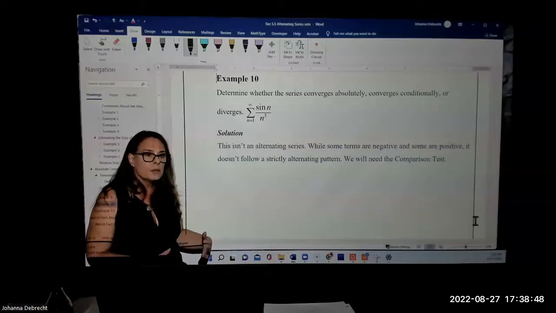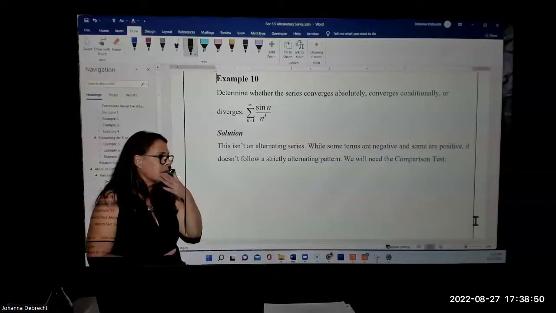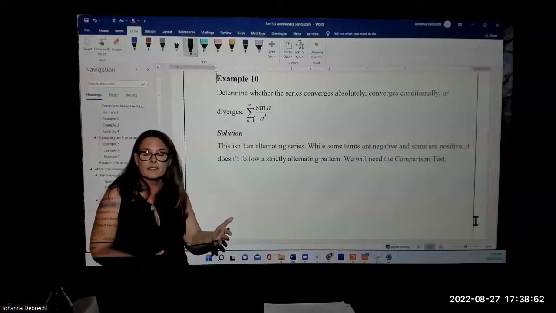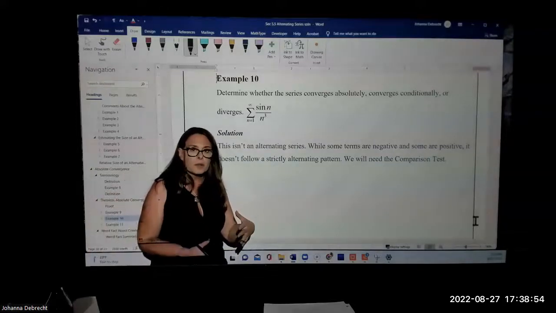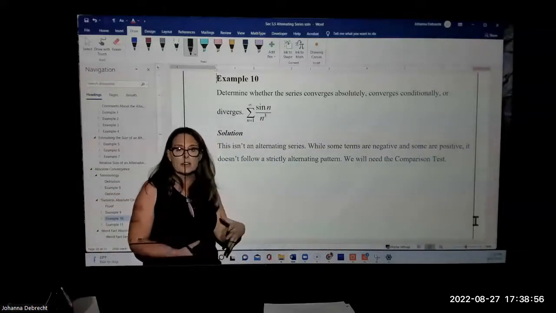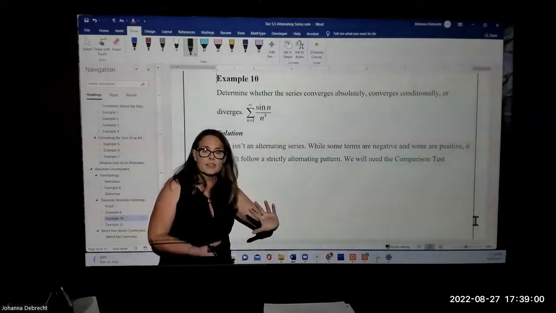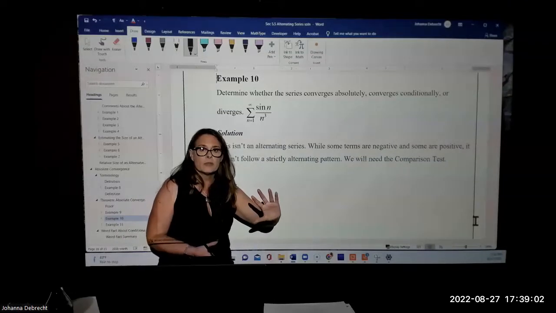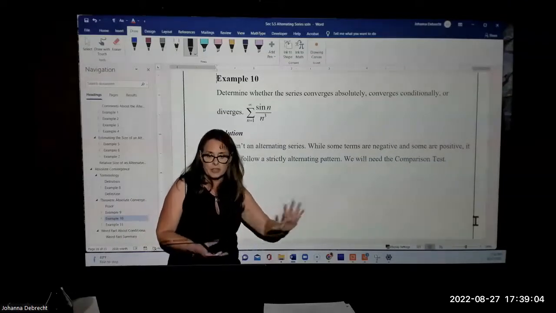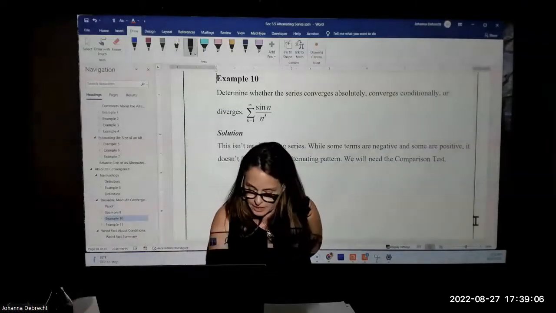Sine of 3 would be, well, also negative. So I've got a problem here. I've got some positive and negative terms, but they're not alternating, right? So they are changing, but they're not strictly alternating.